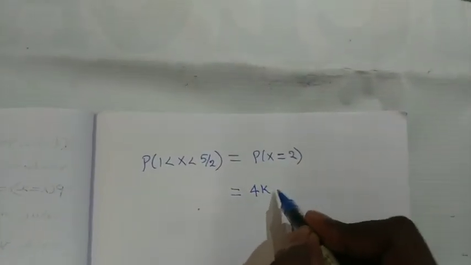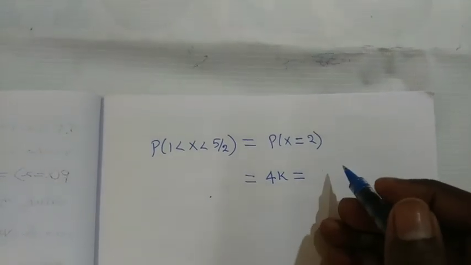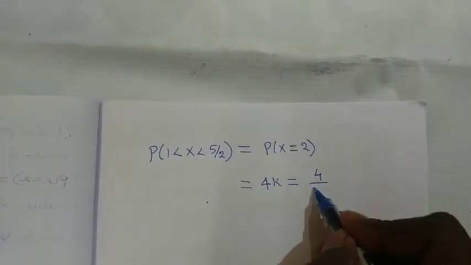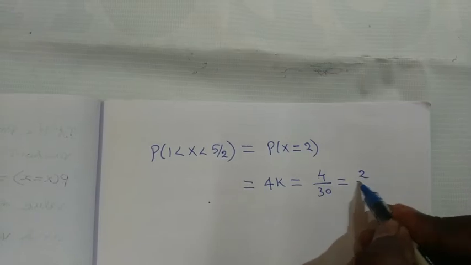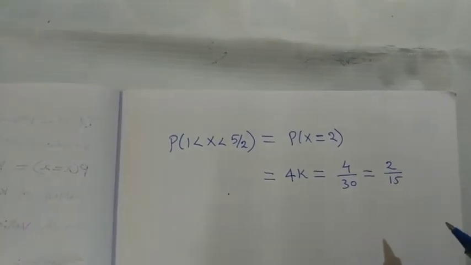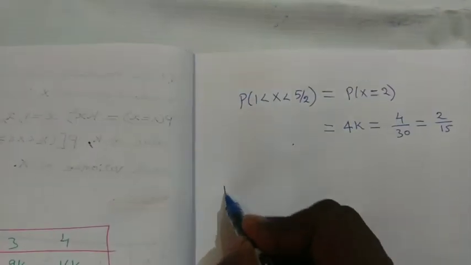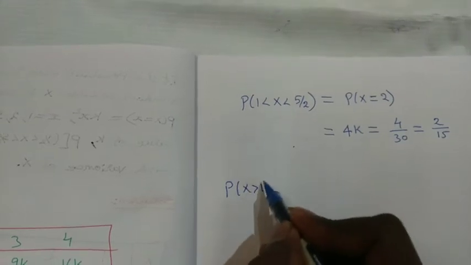So from the table, P of x equal to 2 is 4k. But k we already found as 1 by 30. Therefore 4 by 30, which is equal to 2 by 15. So this is the numerator value. Next I am going to find the denominator value, which is x greater than 1. X greater than 1, not including 1, so 2, 3, 4.